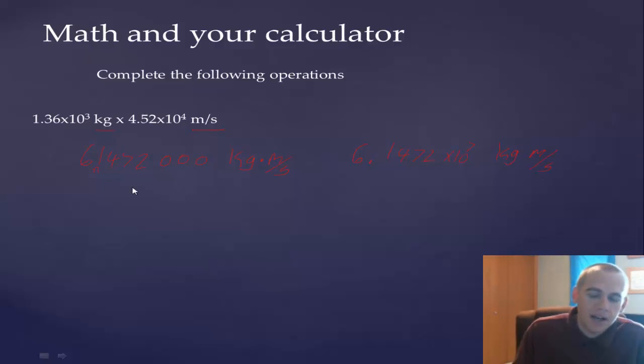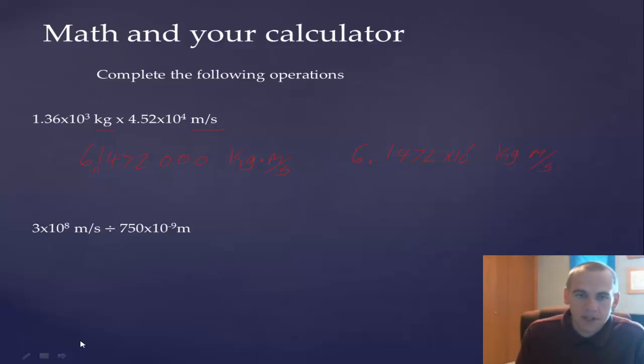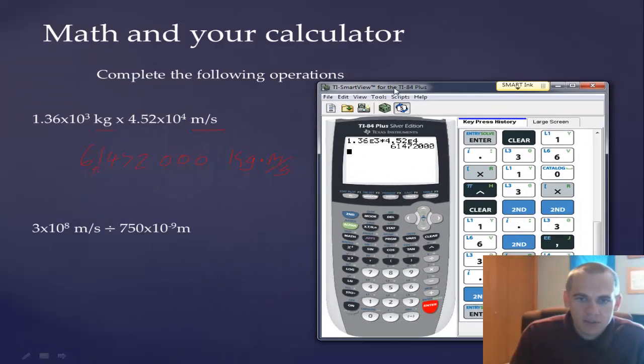Okay, let's do another one with division. Multiplication, subtraction, addition, it doesn't really matter. Just make sure you're paying attention to what you're doing. I wanted to do division because sometimes we mess up our signs on division. Sometimes we mess up our units on division.